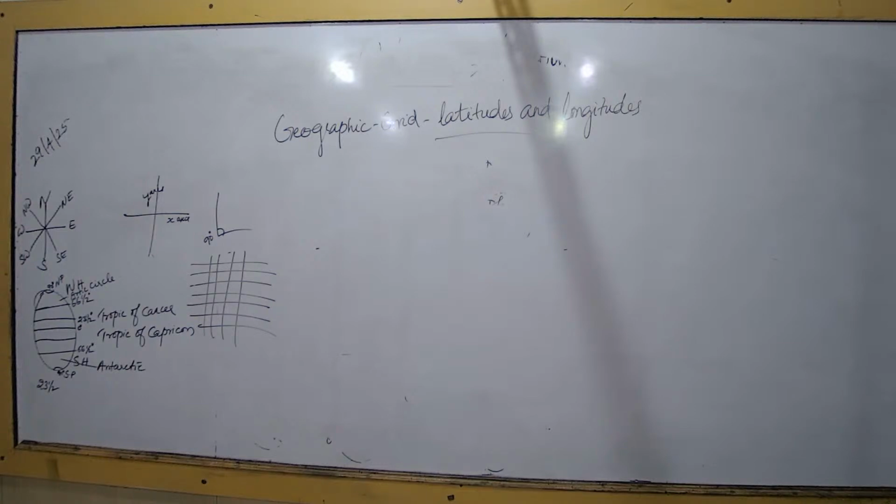The North Pole 90 degree is located at an angular distance of 90 degree north of equator. The South Pole is located at an angular distance of 90 degrees south of equator. Tropic of Capricorn 23.5 degrees south is the line of latitude located 23.5 degrees south of equator. These all things we have studied. Okay.